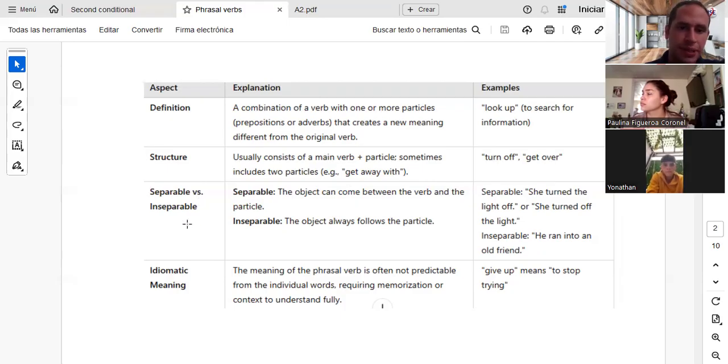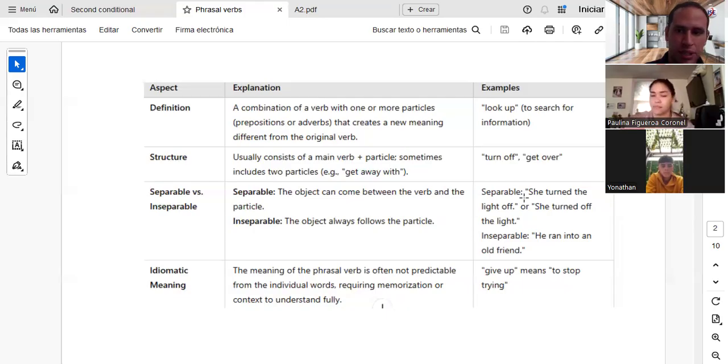Separable versus inseparable. Separable, the object can come between the verb and the particle. Inseparable, the object always follows the particle. For example, separable, she turned the lights off. So the phrasal verb is turn off. But in this case, we can put the lights in the middle of turn and off, right?